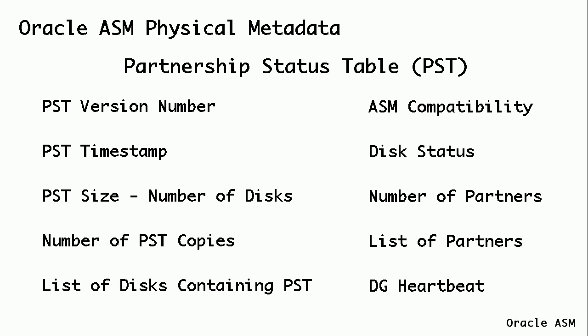The partnership status table contains information such as the partnership status table version number, partnership status table timestamp, partnership status table size, that is, number of disks, number of partnership status table copies maintained for the disk group, list of disks containing the partnership status table, and the ASM compatibility version attribute for the disk group.